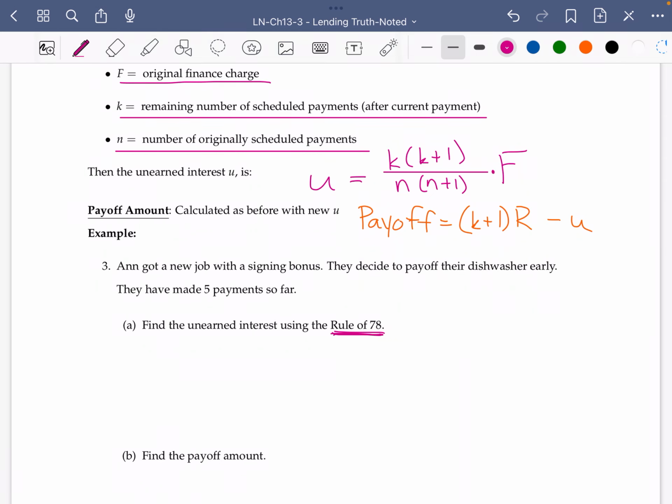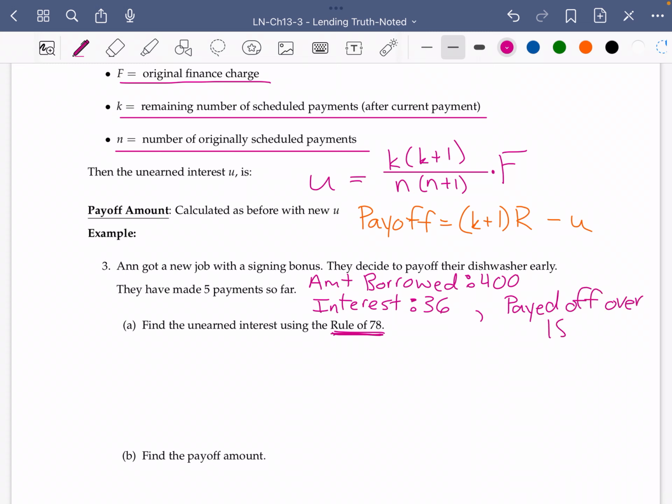Pieces of information that you would need to know for this that weren't provided explicitly: the amount borrowed was $400, the amount of interest was $36, paid off over 18 months.